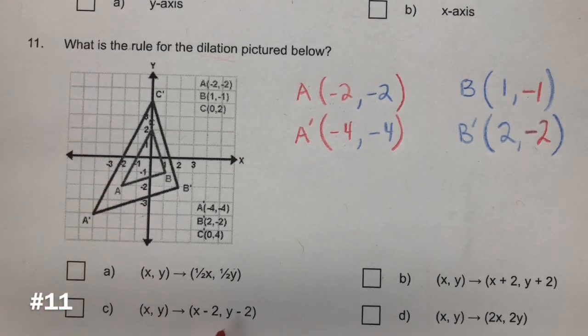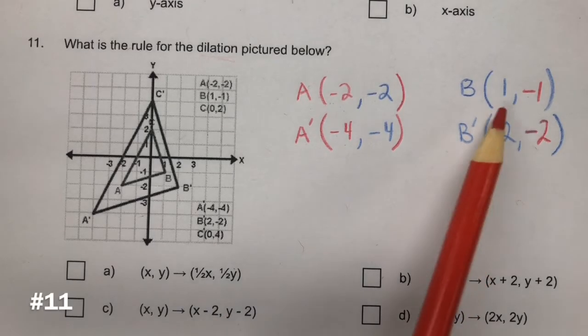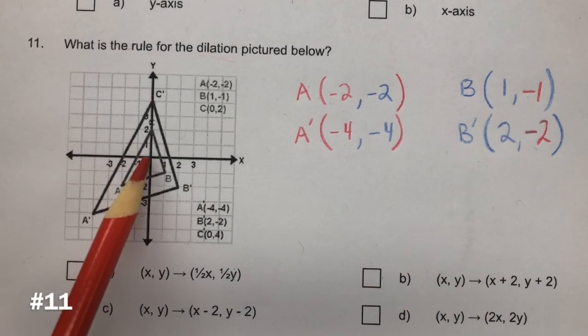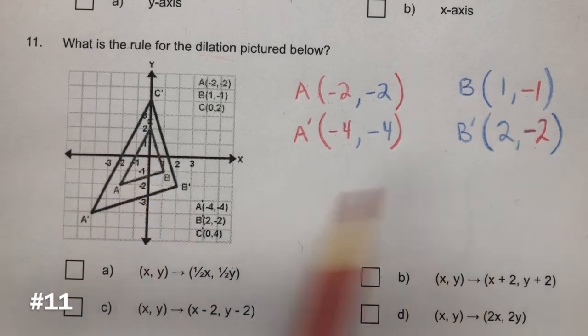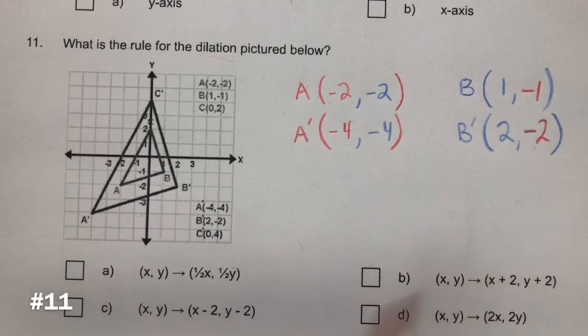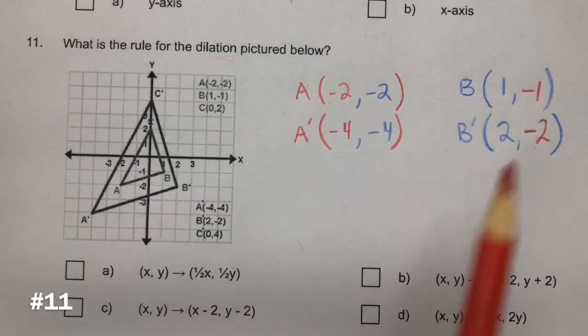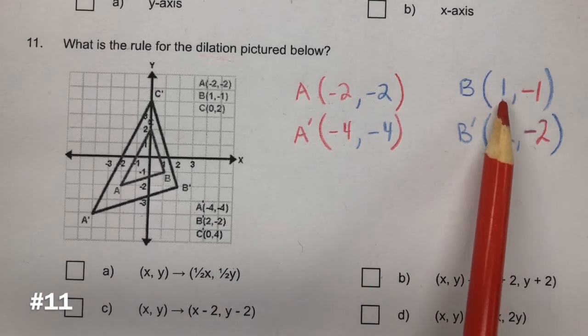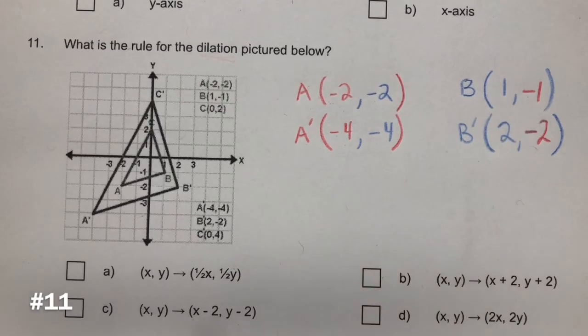Subtracting 2 would not be increasing the size. And if we look at B, positive 1, negative 1, and positive 2, negative 2, this does not work for subtracting 2, because 1 minus 2 is not positive 2. So C does not work.